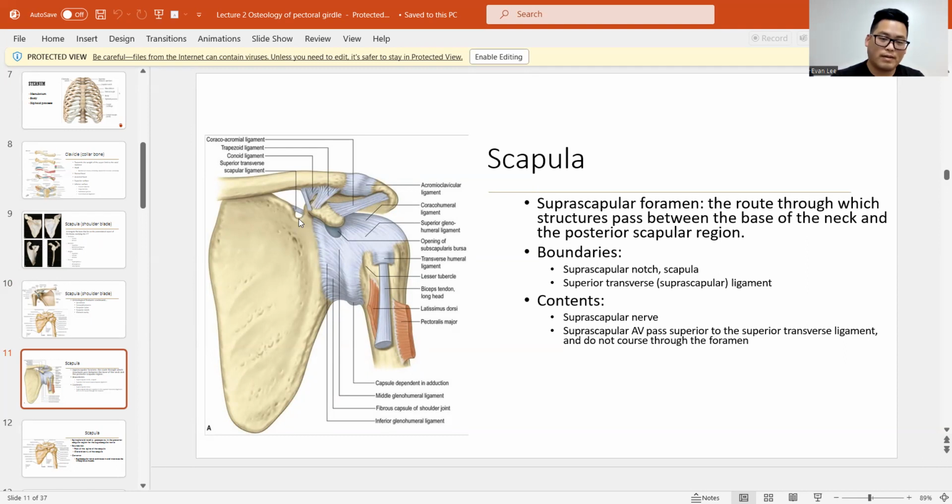The suprascapular nerve is going to travel through the suprascapular notch, or rather suprascapular foramen, and above the suprascapular foramen, right above that superior transverse ligament, is the suprascapular artery. So there will be two things that you want to look for right around this, but to differentiate them, look for the one that goes through, which is the nerve, and then look for the one that goes above the notch, which is the artery and vein.